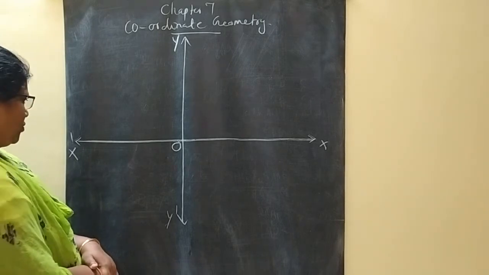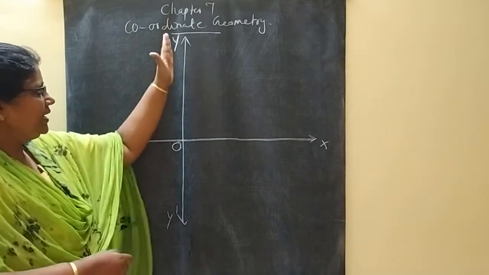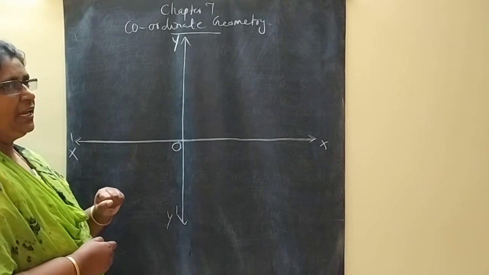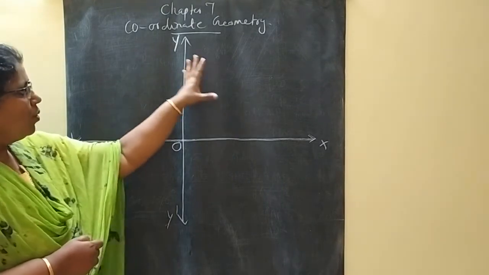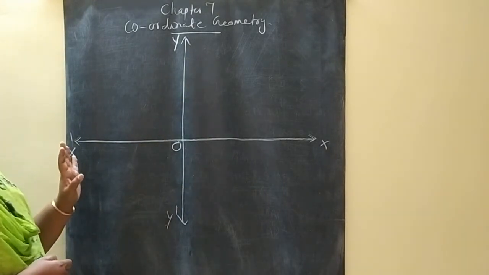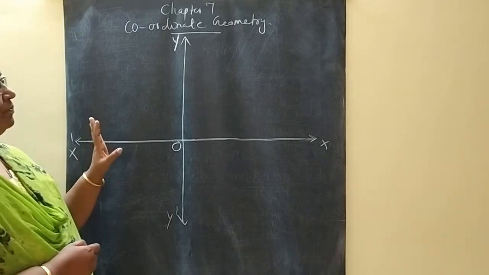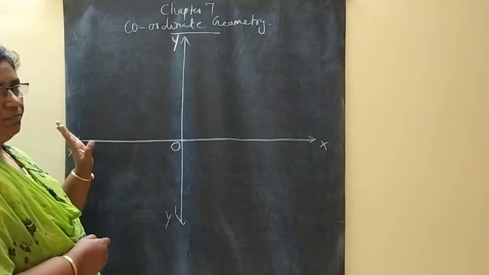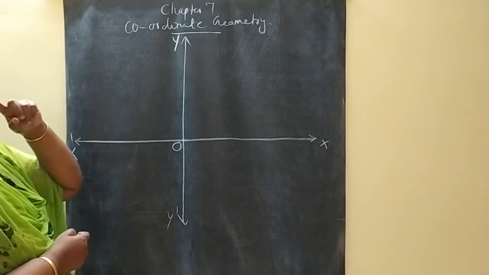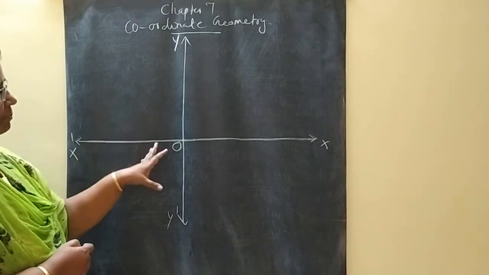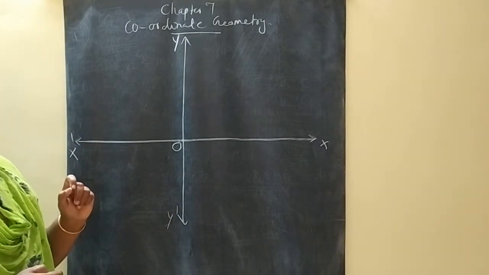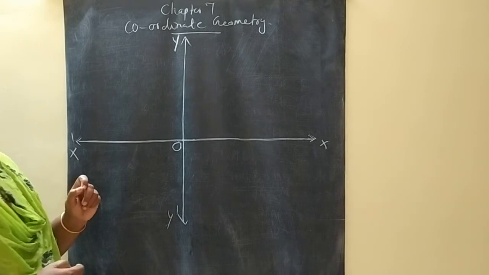So if we draw a horizontal and a vertical axis in a plane, this whole plane is divided into 4 parts. 1, 2, 3, 4. But we are giving the name of those parts in anti-clockwise direction.